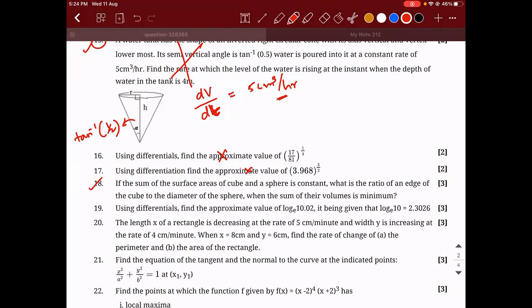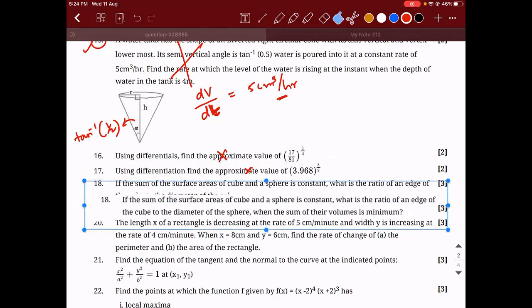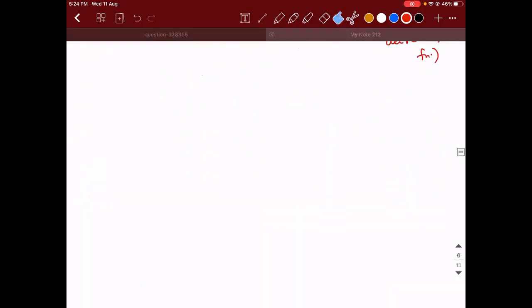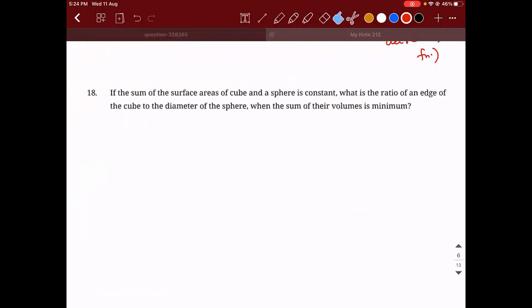So for 18th one, wait, I have to copy it. If I'm not wrong, it is slightly lengthy. If the sum of the surface areas of the cube and the sphere is constant.